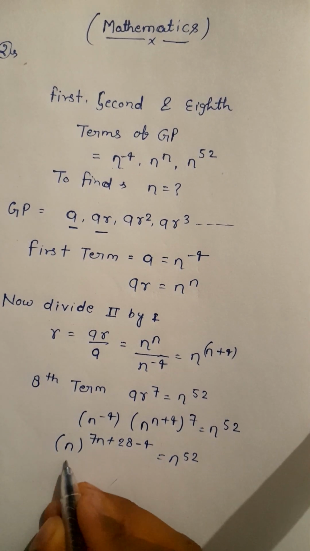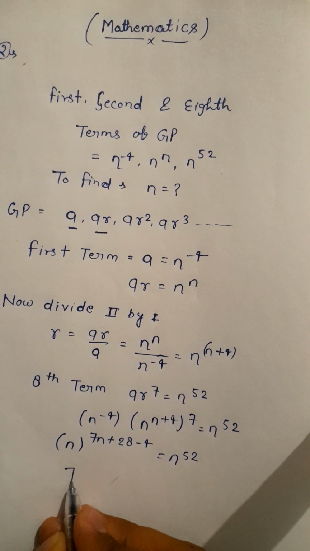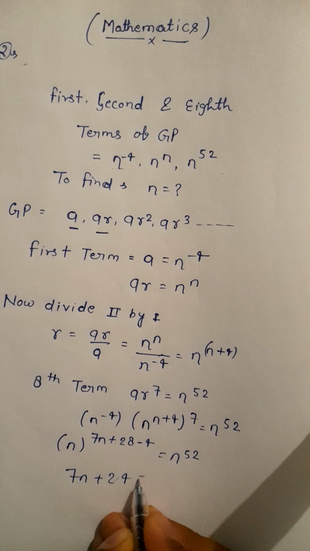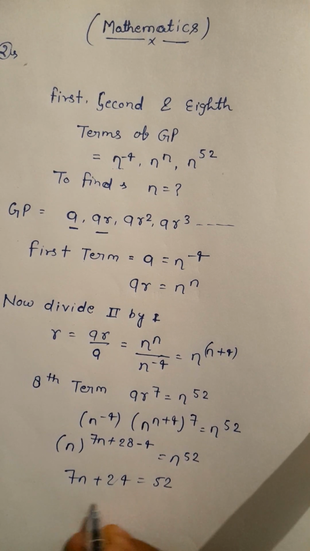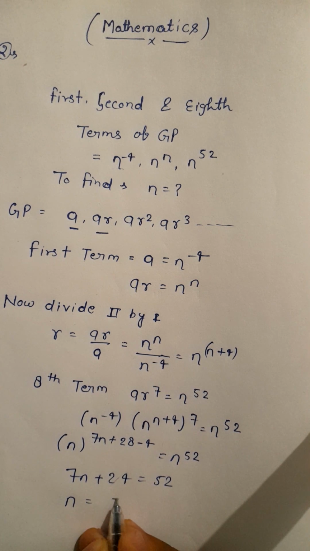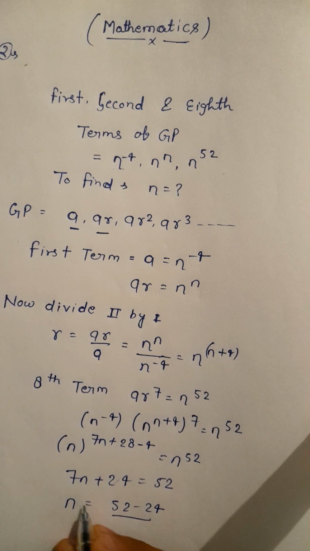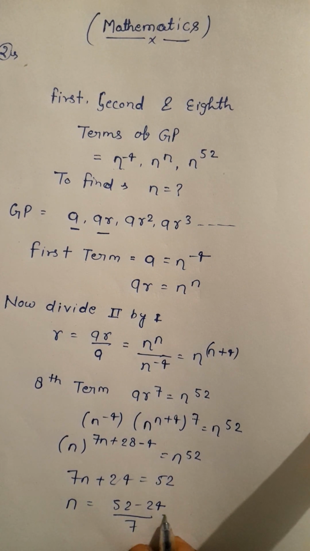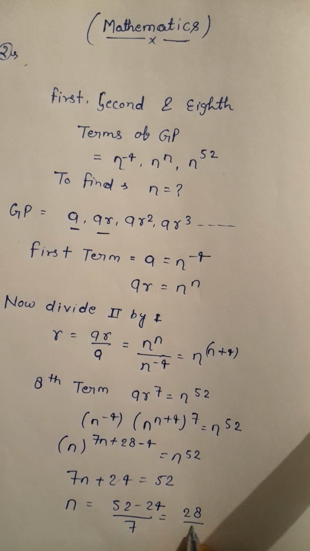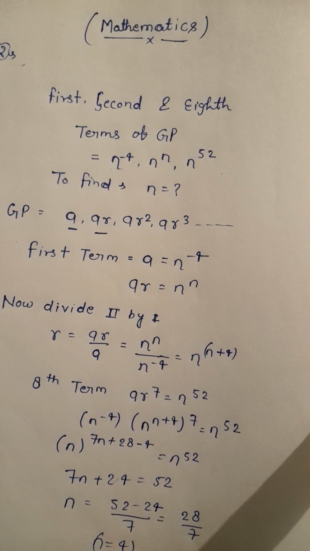Because the bases are the same, compare the powers, so 7n plus 24 is equal to 52. So the value of n is equal to 52 minus 24, divided by 7. This value is equal to 28 by 7. So the value of n will be 4. This is your correct answer.